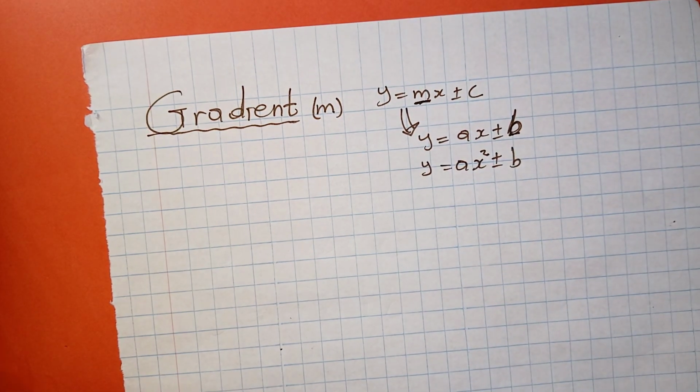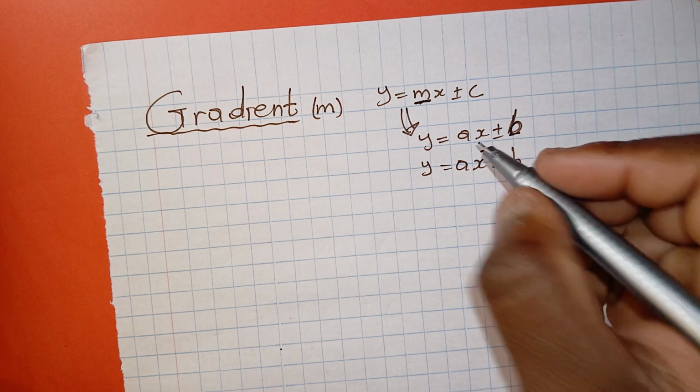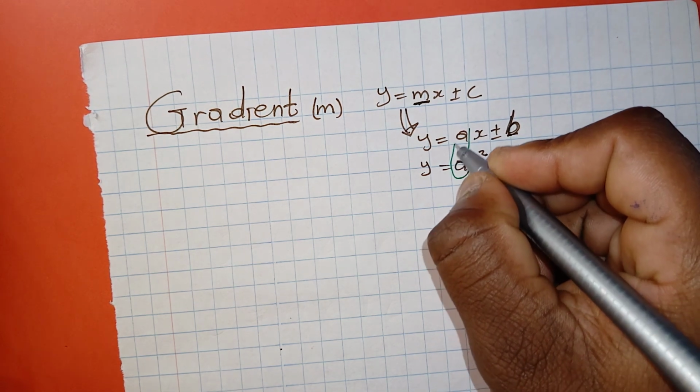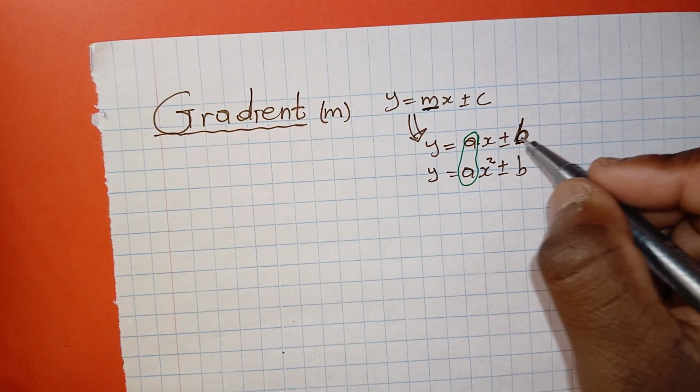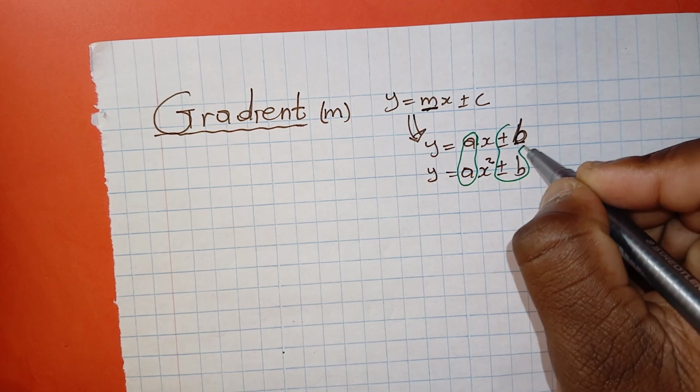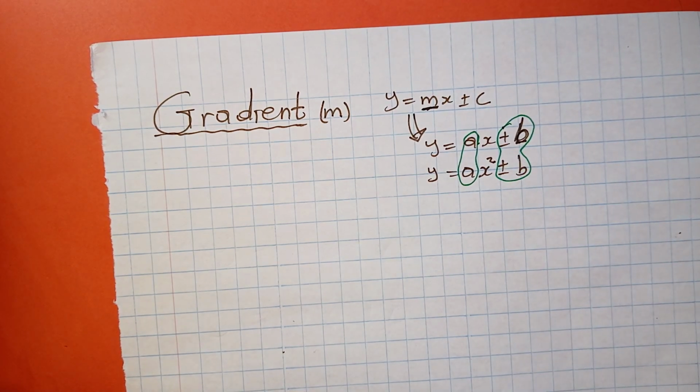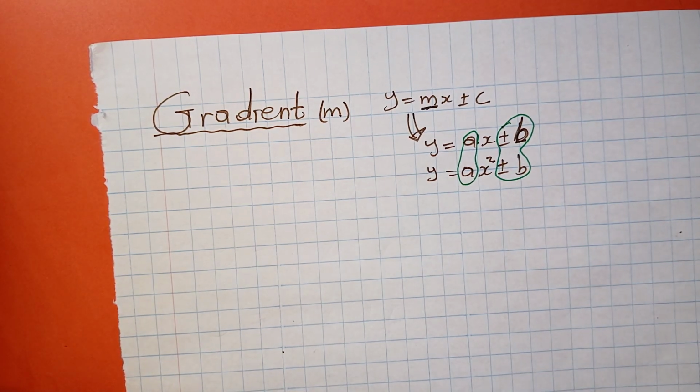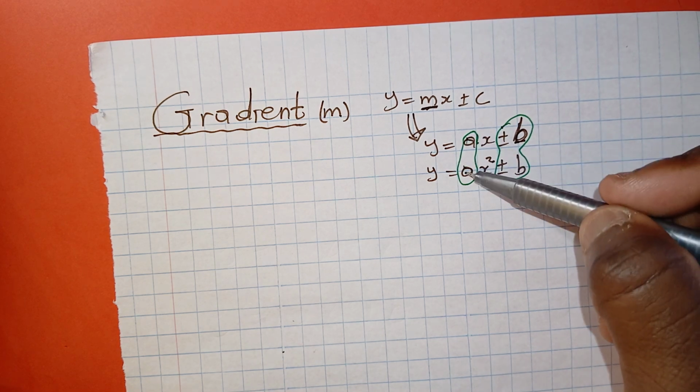Something in this position will be the gradient, and something in that position is the vertical shift or the y-intercept. Do you understand? So don't mind the letters that they use.